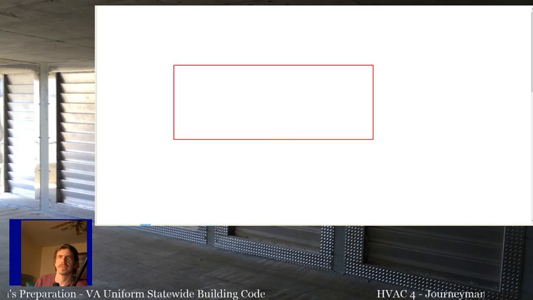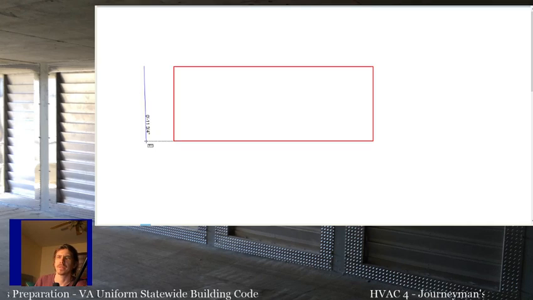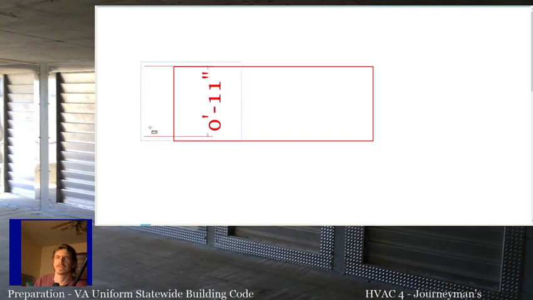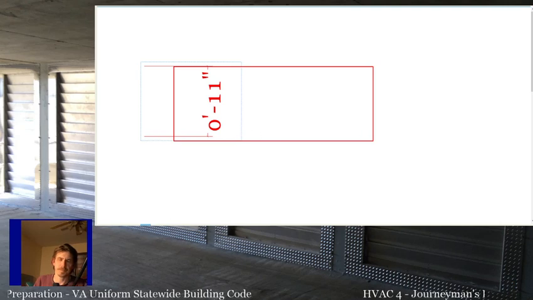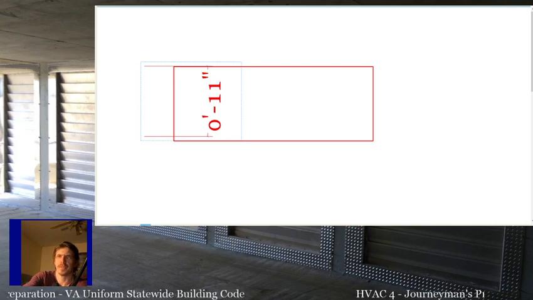So if we have a 1x12 joist, we're just going to make this 1x12. Actually, what is it? 1x12 is 11.5, right? It gets weird once you get that big. You know what?